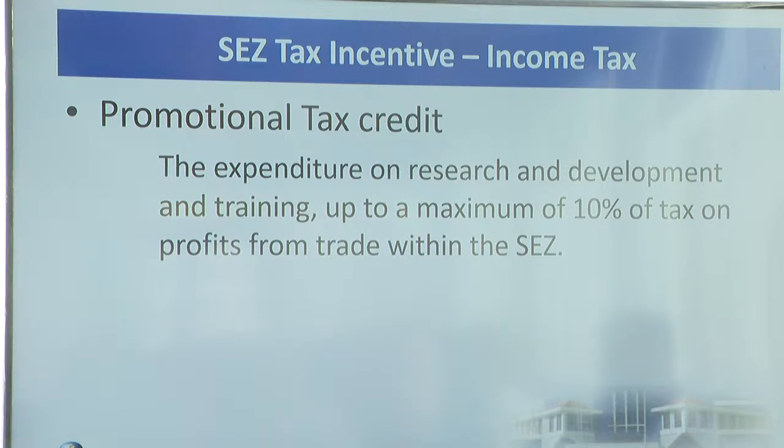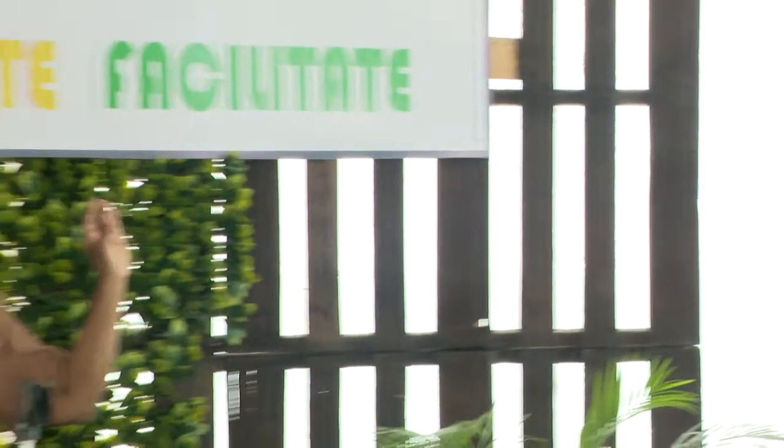You sum the research and development and training expenditure, and then find 10% of the tax on profits from trade within the special economic zone. You compare those two figures and take the lower of the two. That's how you get up to the maximum of 10%. That becomes a promotional tax credit.